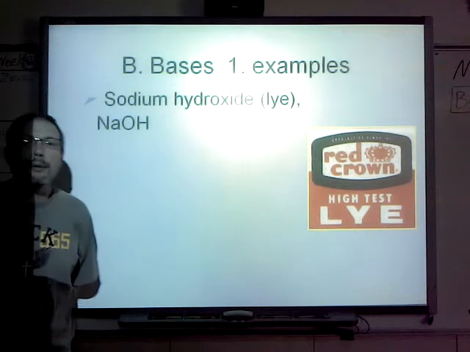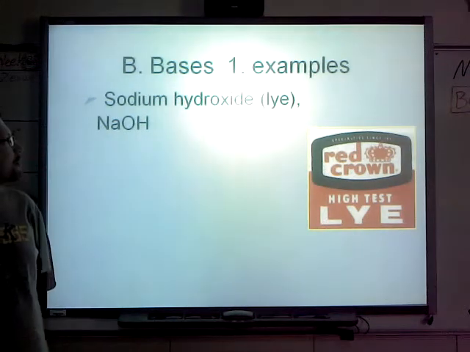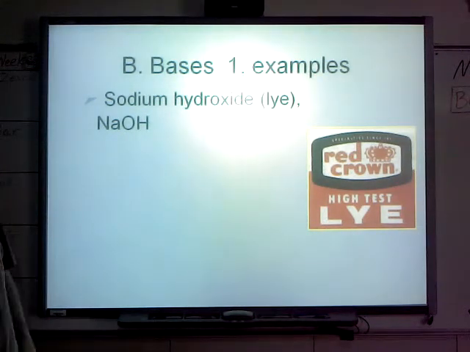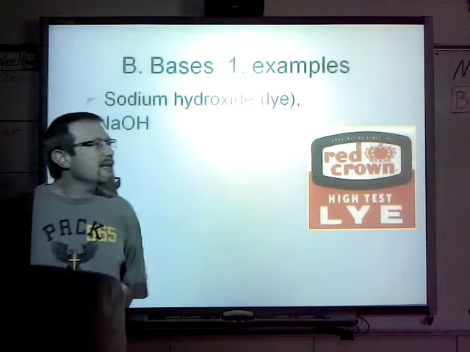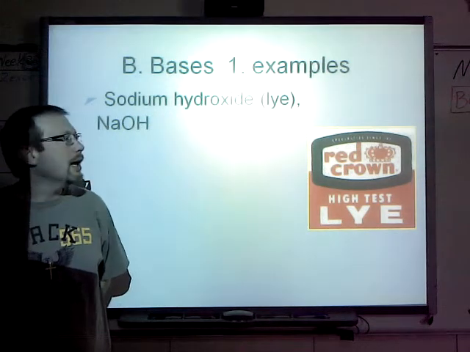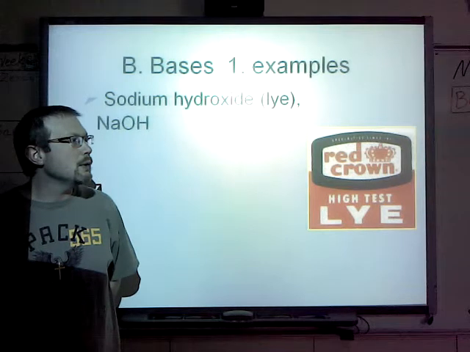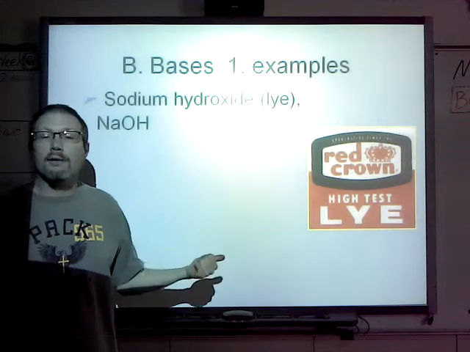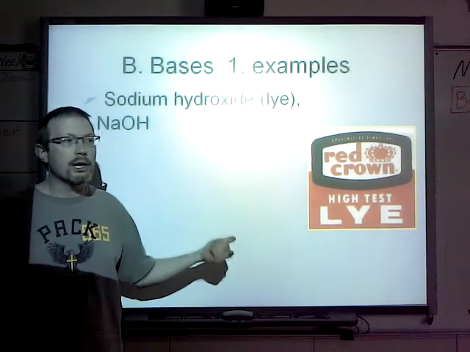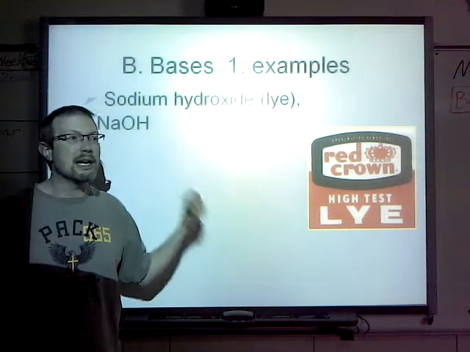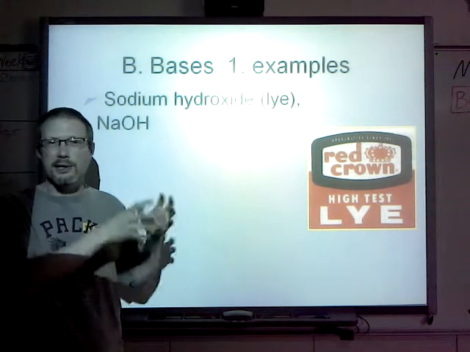We're going to just talk about a couple examples of bases, not go too in-depth on them. Sodium hydroxide, also known as lye. This stuff is a very, very strong base. It's used to get rid of organic stuff, so you can pour it down your drain, use it as drain opener. It'll basically dissolve all the hair and gunk that's in your drains.